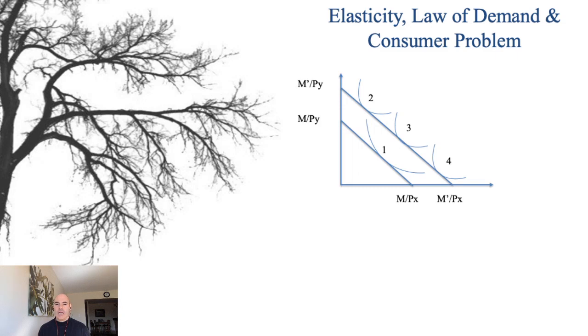We buy items, we bring items into our lives in consideration of other goods and their relationship to those goods as well. So elasticity in this case will show you how the income consumption path is changing its slope as you move from point 1 to point 2 to point 3 to point 4, or any other point on a new budget constraint for that matter.